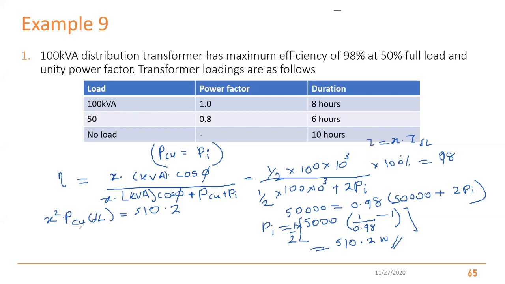Since x is 0.5, the full load copper loss can be calculated as 2040.82 watt.